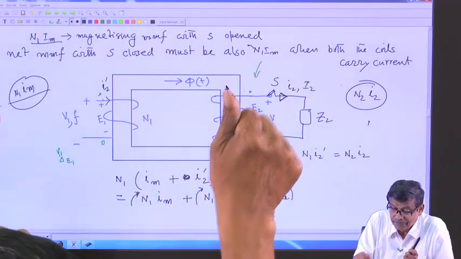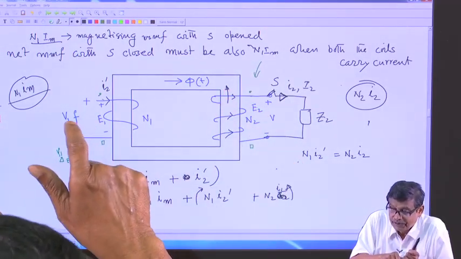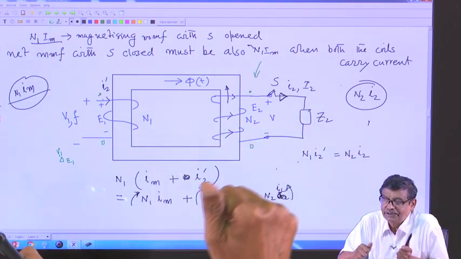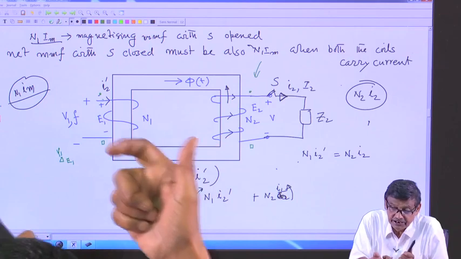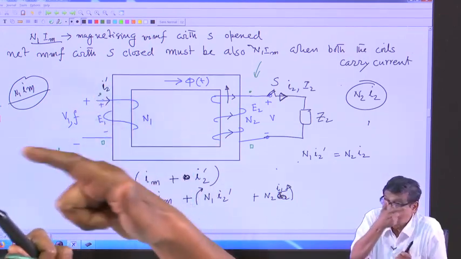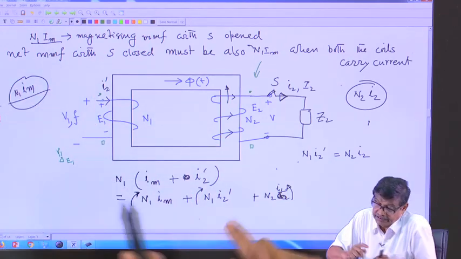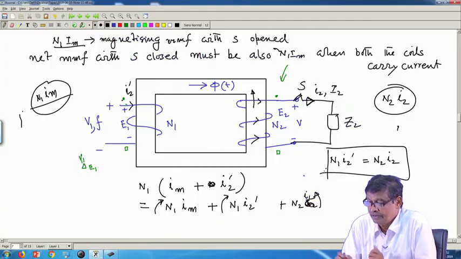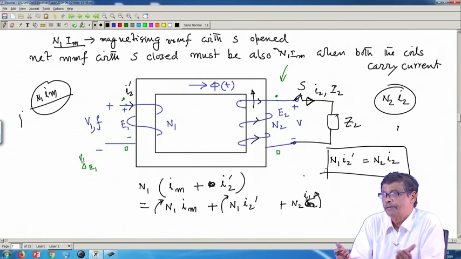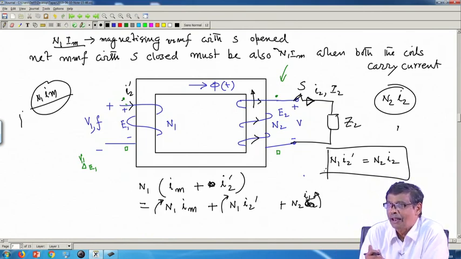Therefore, this MMF will be compensated by the primary by drawing additional current I2 dashed over and above Im, of such value that these two MMFs once again balance, and net MMF will be once again N1 into Im.